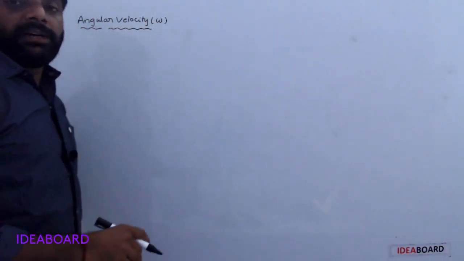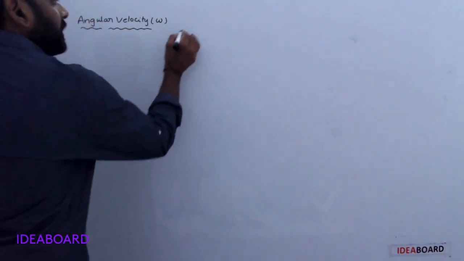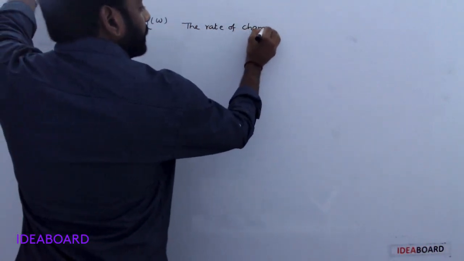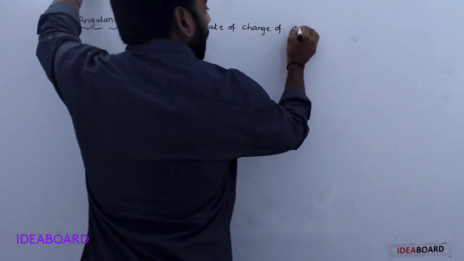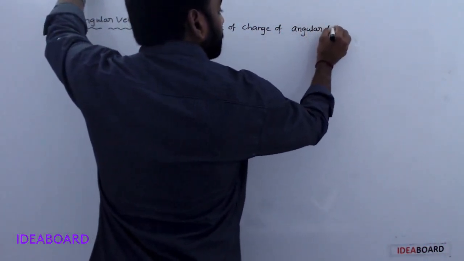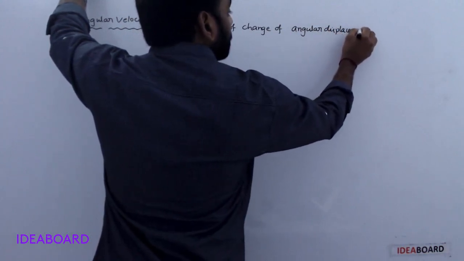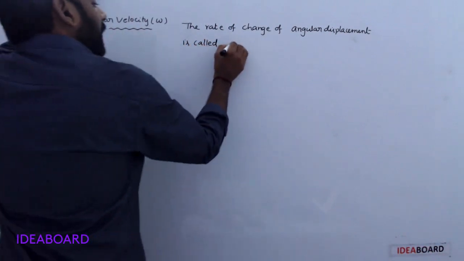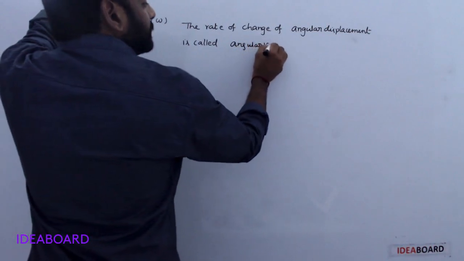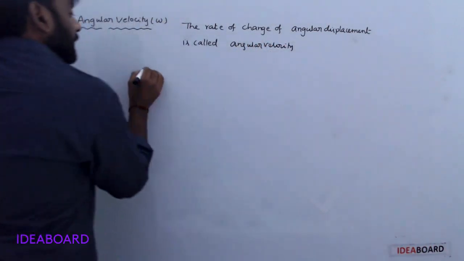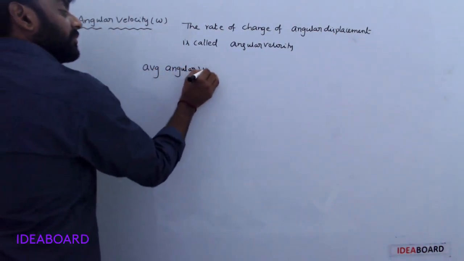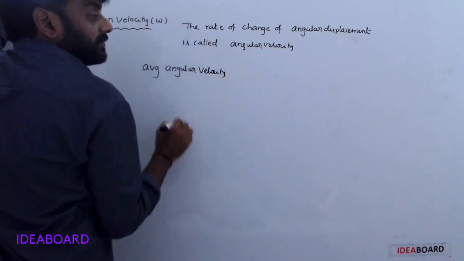The rate of change of angular displacement is called angular velocity. First of all, average angular velocity.